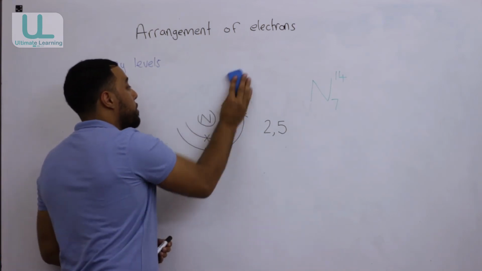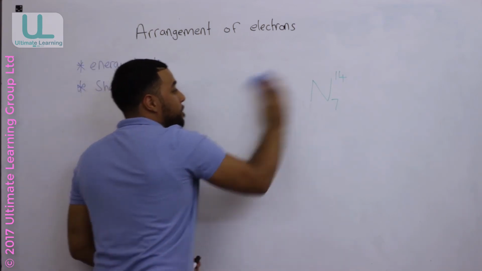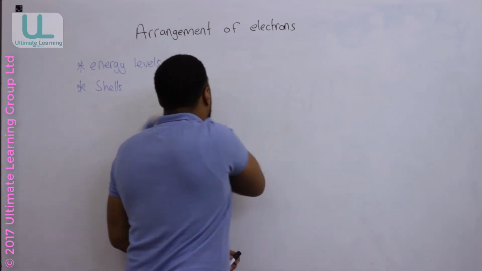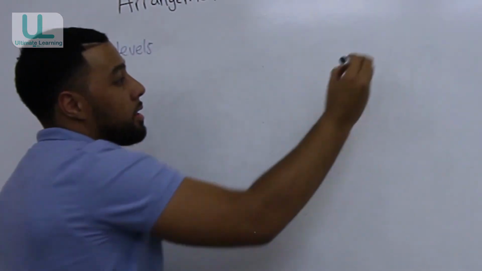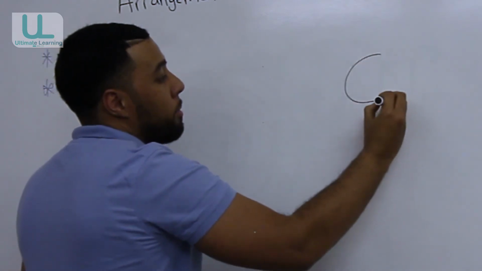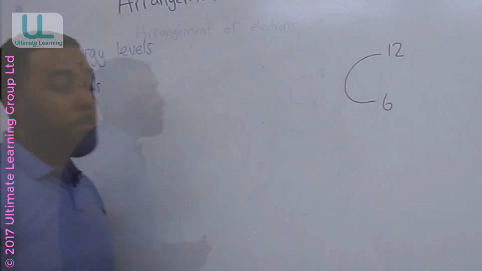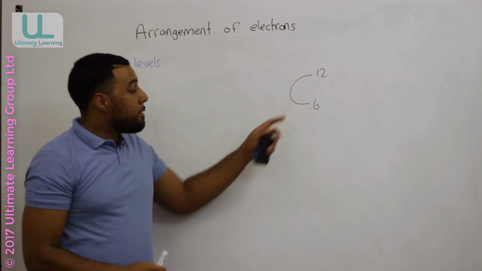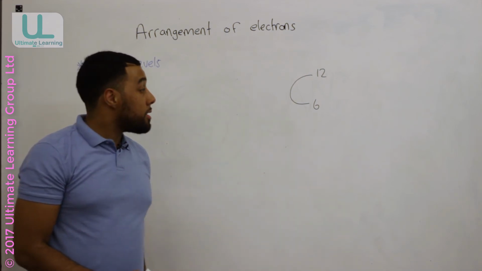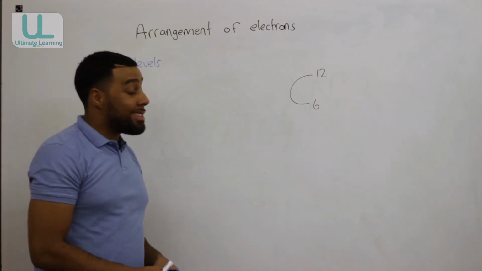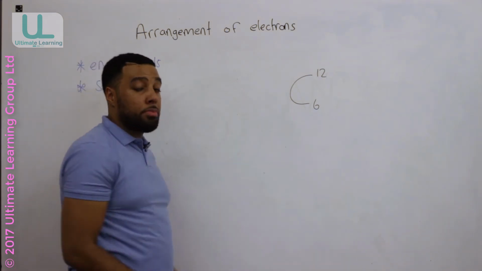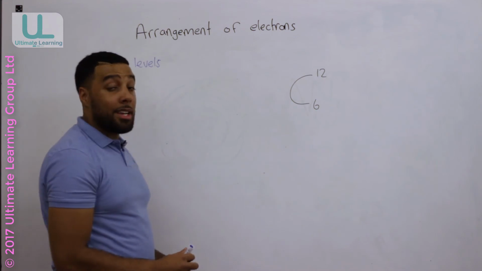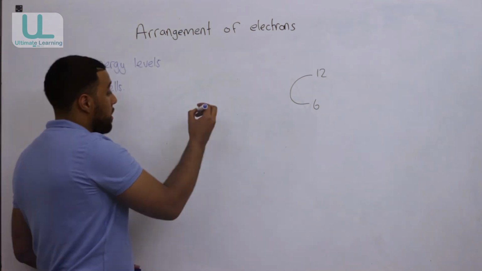I'll do one more example. Let's look at carbon. Carbon is a popular element. We give carbon the chemical symbol C. Again, carbon has 6 protons, which means it has 6 electrons.